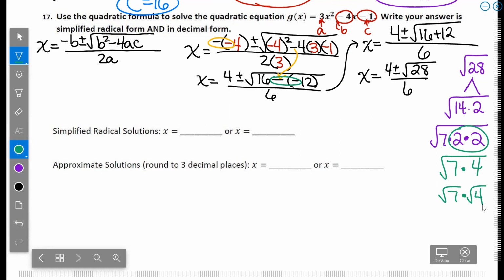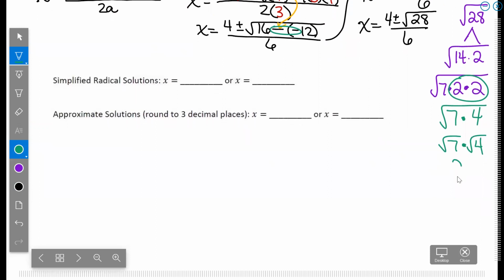Is 7 a perfect square? Can I break it down any more than that? No. Is 4 a perfect square? Yes. What is the square root of 4? 2. So I have 2 square root of 7. That is going to take the place of this square root of 28.